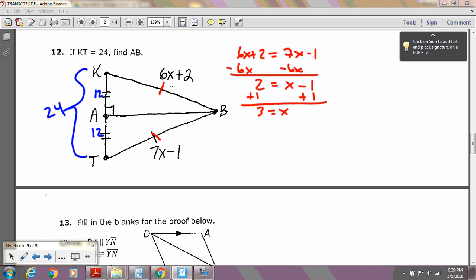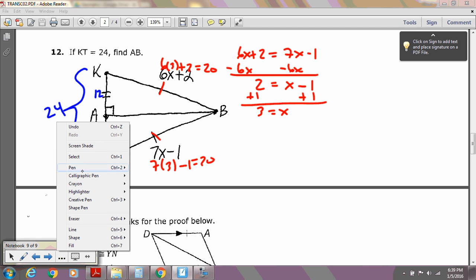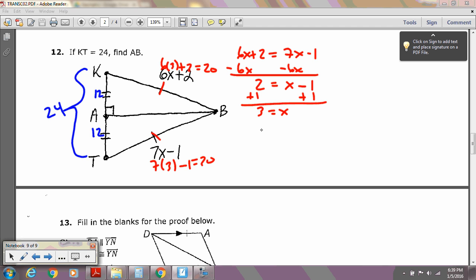So now that I know what x is, I can replace it to figure out the sides. So 6 times 3 is 18, plus 2 is 20. 7 times 3 is 21, minus 1 again is 20. So it's the same, which is supposed to be the same. Now what I would do if I were you is pull out the triangle in isolation, so separate it from the rest.